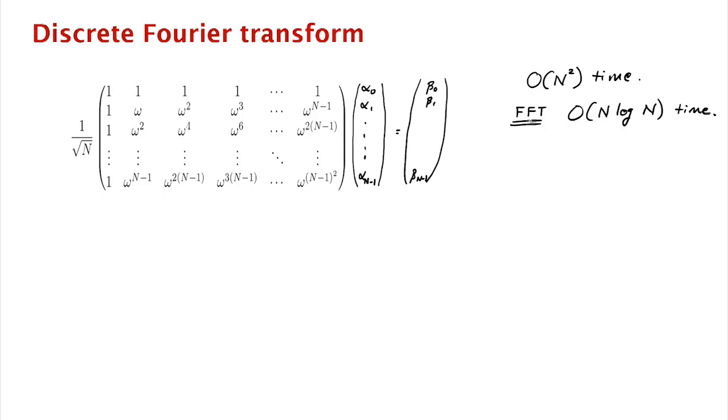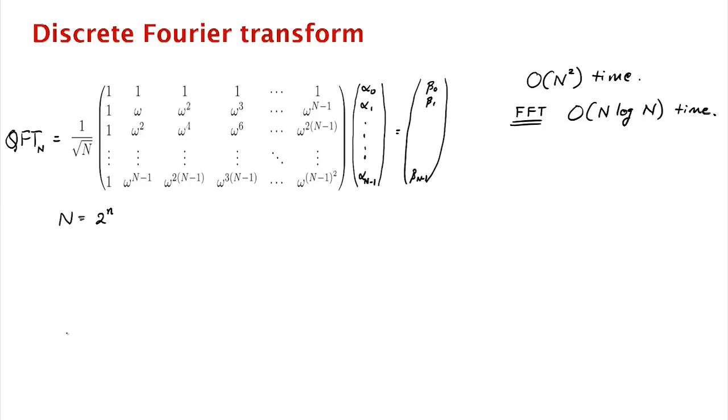Okay, so that's on the classical side. Now, how much faster can we do all this quantumly? To understand that, let's first understand how we present our input in the quantum case. Let's now think of this as the quantum Fourier transform, and let's think of capital N as a power of 2. So write it as 2 to the little n.